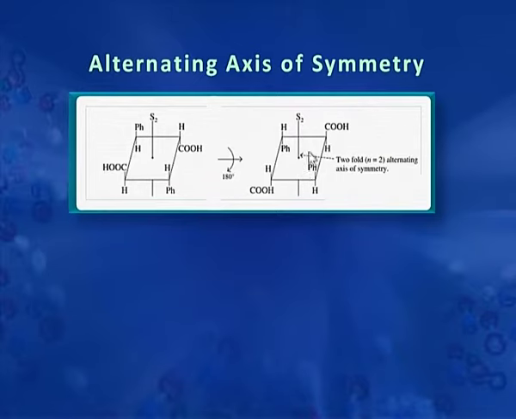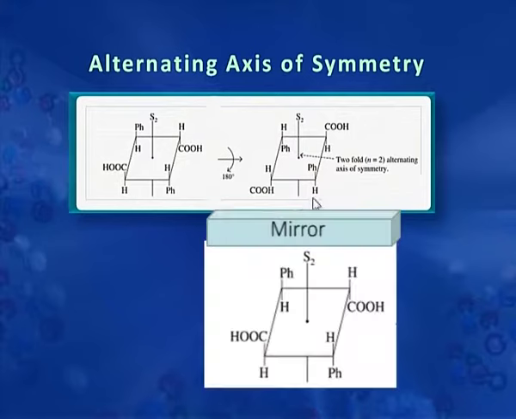Now we have to see the mirror image of this situation across a mirror which is perpendicular to this axis. Means here is the mirror, and let us see what we get as its mirror image. So this is the mirror image of this molecule, it is under.